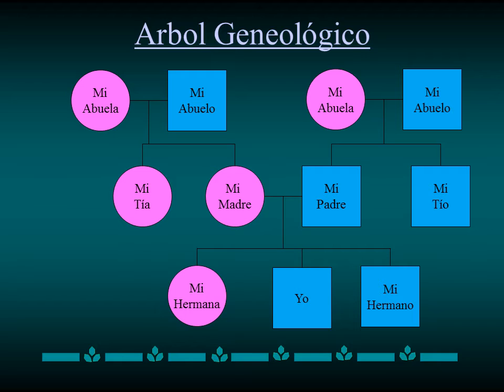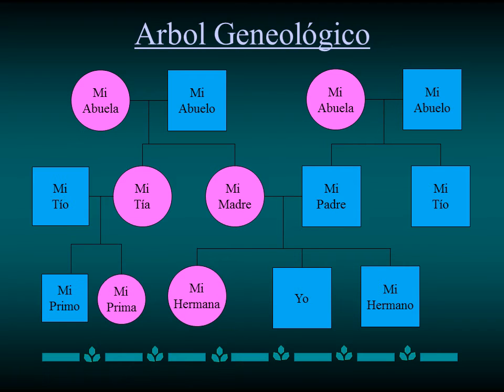All right, that's not all. We've got some more family members here. So mi tía está casada con mi tío. So my aunt is married to my uncle, right? And they have 2 kids here. Mi primo y mi prima. So what would that be? It's my aunt and uncle's children.